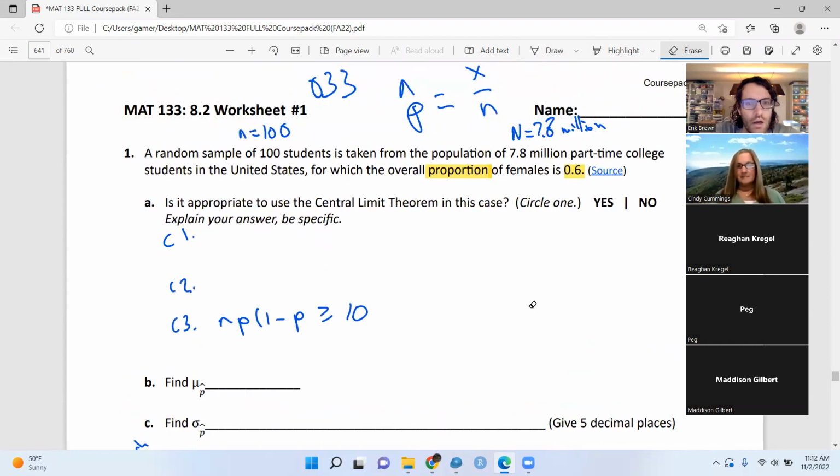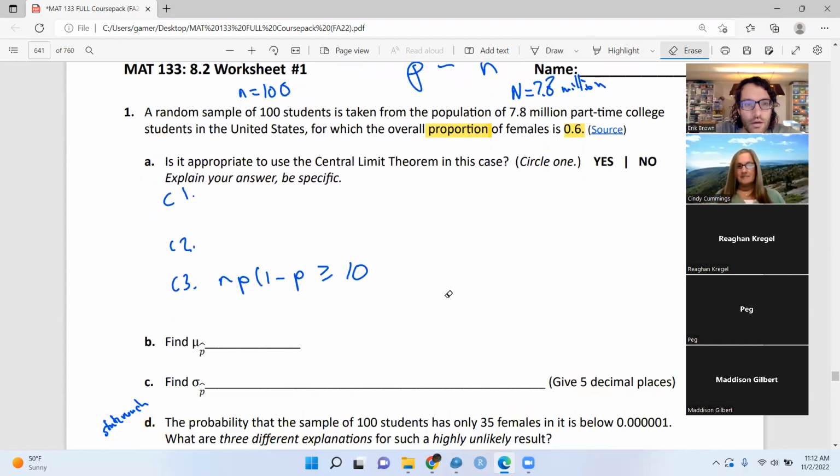Okay, so are you all happy with, well, let's do 5 minutes on this and see how you do. Set a timer for 5 minutes.